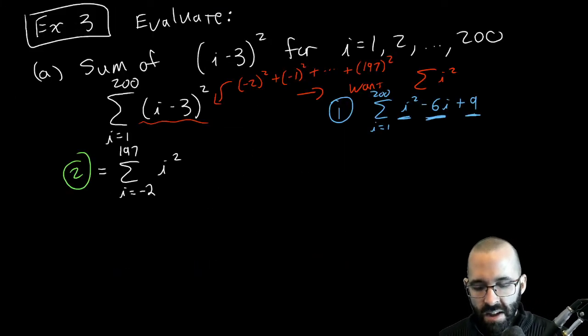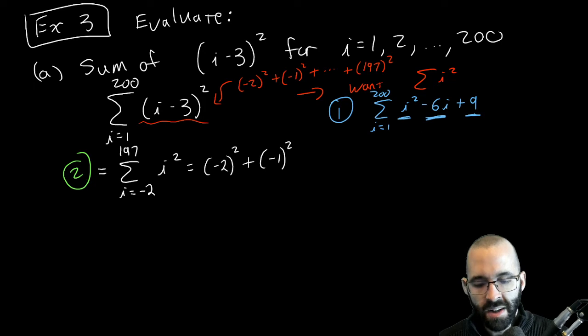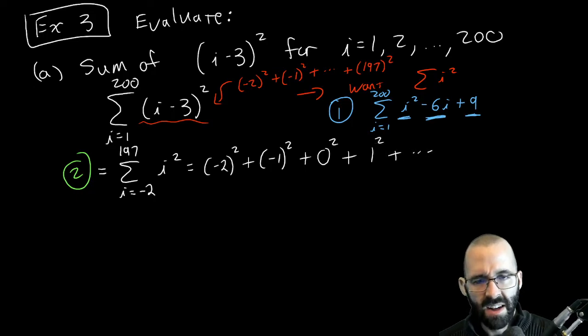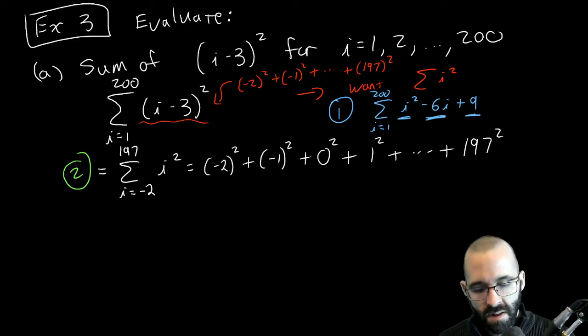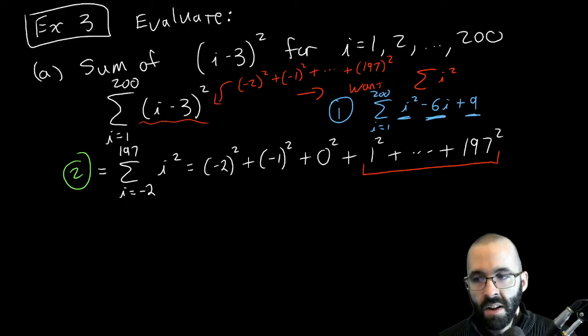Because I know this is just negative 2 squared plus negative 1 squared plus 0 squared and then plus 1 squared, right? This is an intermediate step you can keep or get rid of if you want. And now we know that this red area is just exactly what we want.